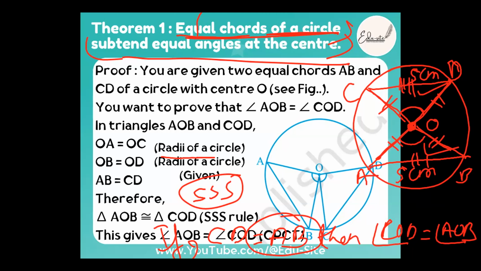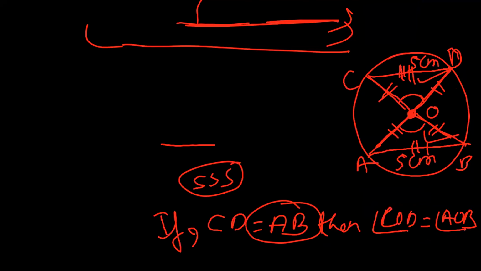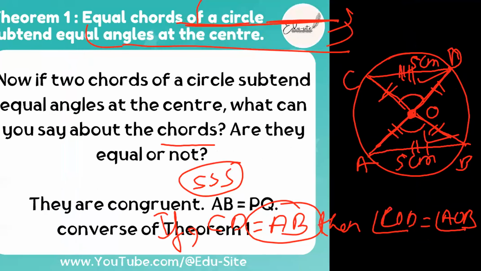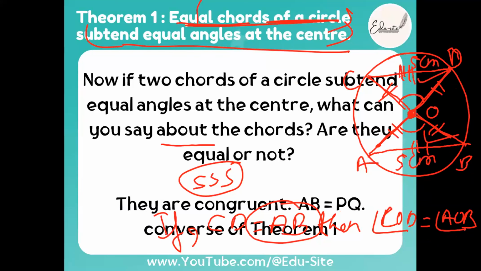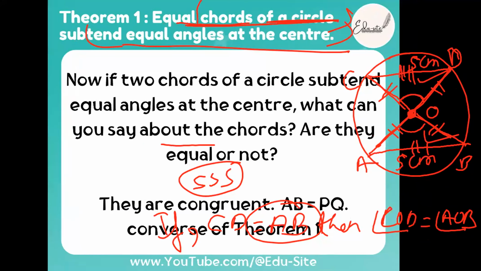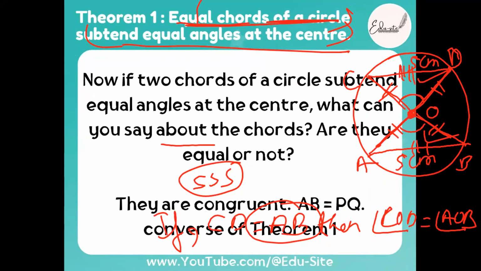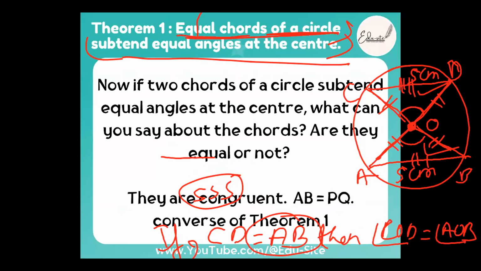What is the vice versa of this theorem? Just the opposite of this theorem. The converse of this theorem is: if angles subtended at the center of the circle are equal, then the chords are equal.